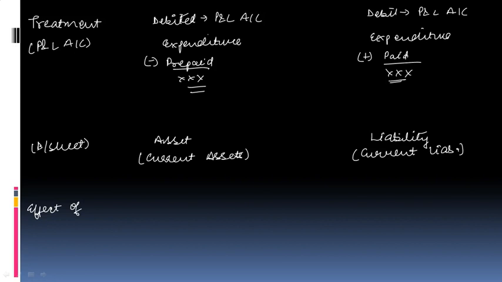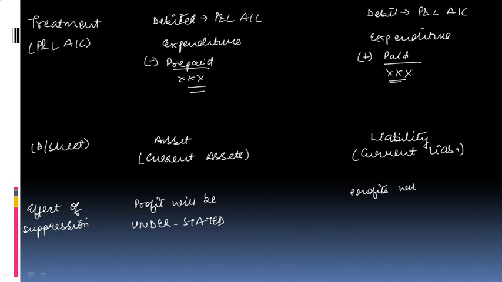Now, the effect of suppression. Beta, if I am going to suppress those facts, if I am going to hide such kind of facts, then what is going to happen? Profits will be overstated.